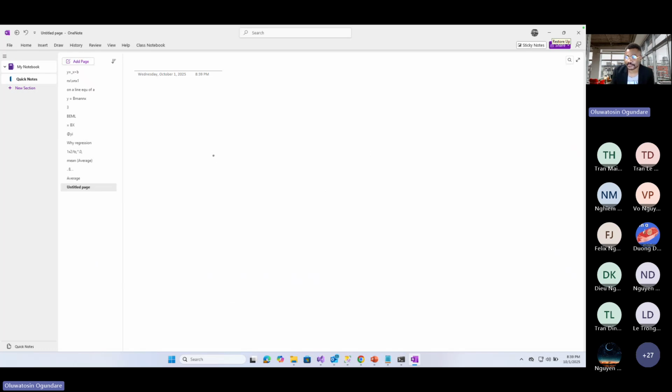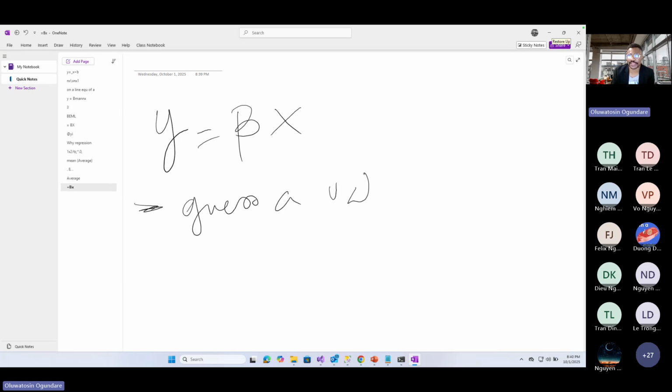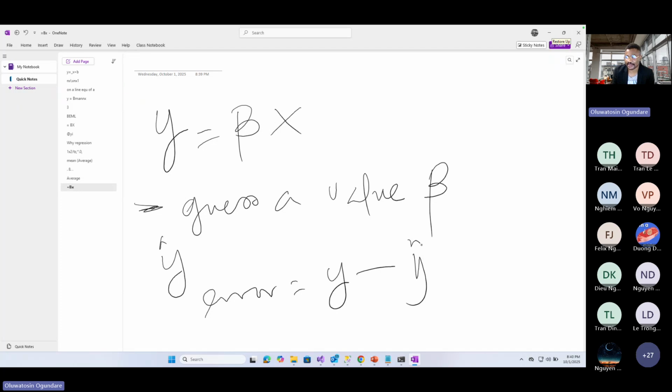So you start with your equation y equals beta plus x. And what do you do first? Your first step is to guess. Instead of using the centroid method, you guess a value for beta. Then you calculate y hat, which is your prediction, right? And then your error is y, which is what it should be, minus y hat.